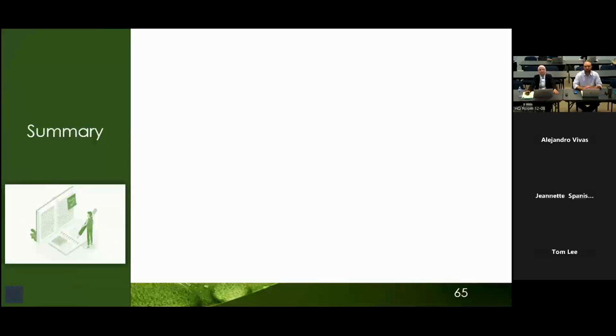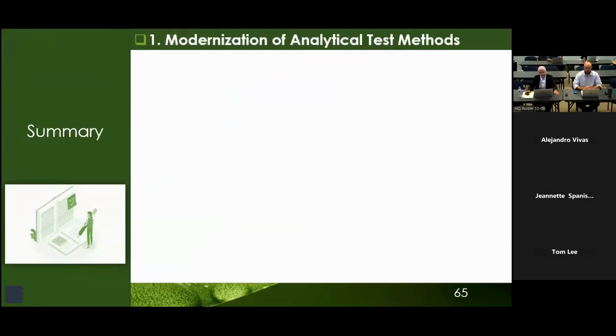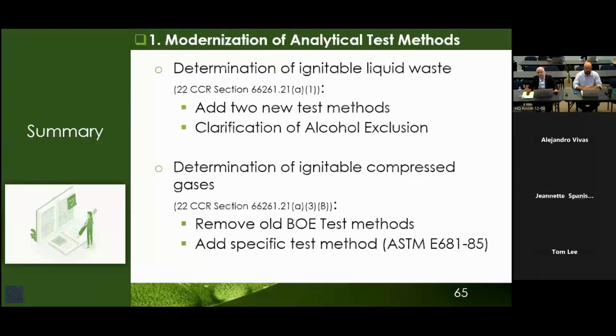All right. Let's wrap up with a summary of the proposed modifications and updates DTSC is looking to adopt. These changes are focused on modernizing analytical test methods and updating outdated information to keep California standards current and aligned with federal regulations.